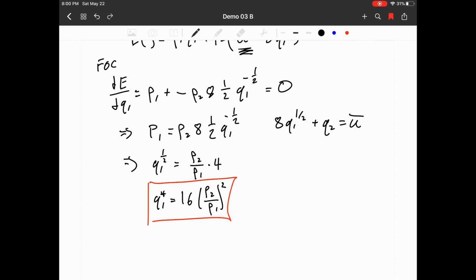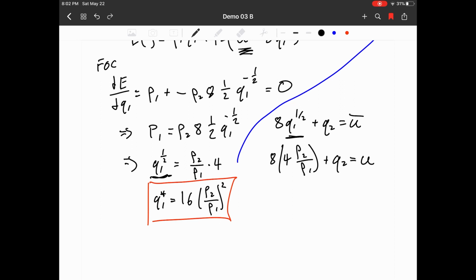Okay, so let's separate these. All right, so maybe a little trick here. We have these two values that are simpler than, like, taking the square root again. So we'll just plug them in. So we have 4 p2 over p1 plus q2 is equal to u bar.